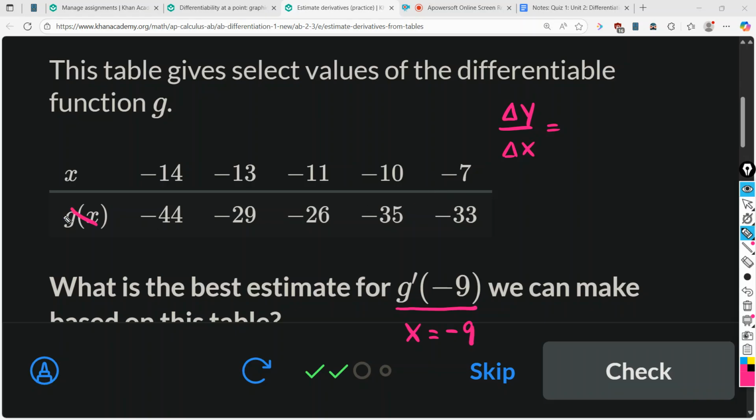All right, these are the y values on the bottom here. I'm going to do -33 minus -35. And that is divided by, same direction, -7 minus -10.